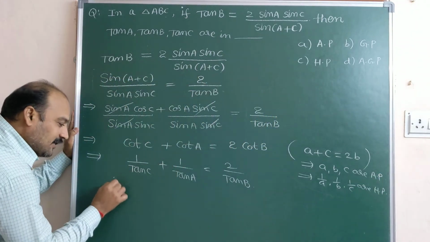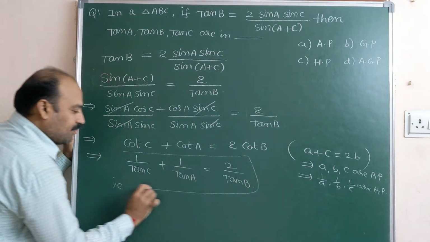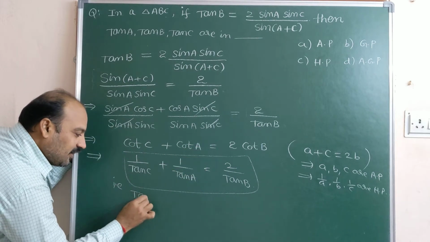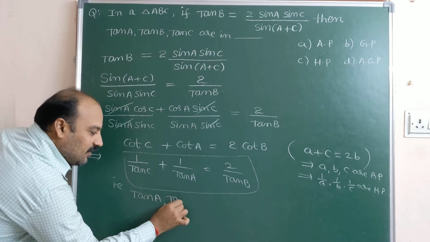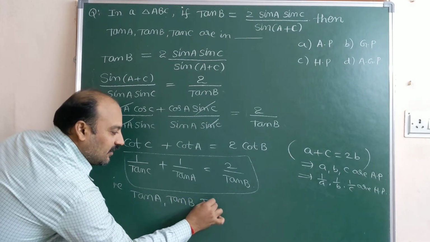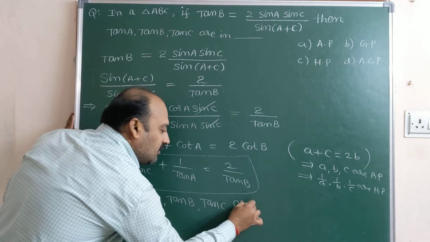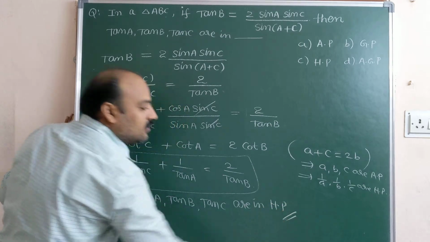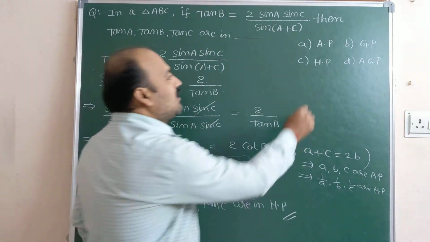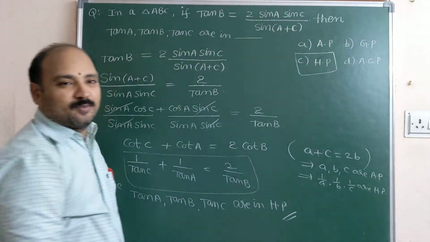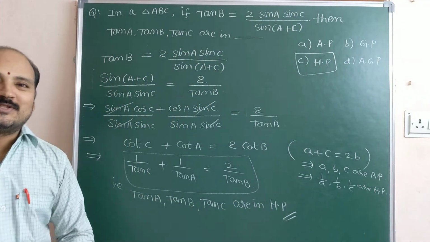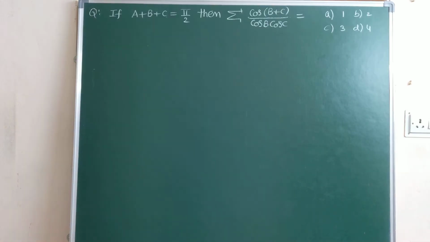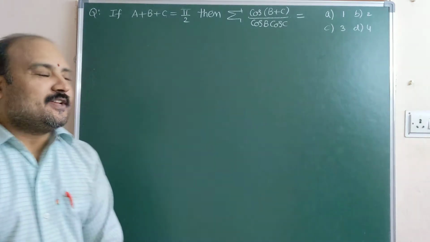So therefore, 1 by tan A plus 1 by tan C equal to 2 by tan B. That is tan A, tan B, tan C are in harmonic progression. So harmonic progression is the right option, which is the third option. We will move on to the next question, dear students.